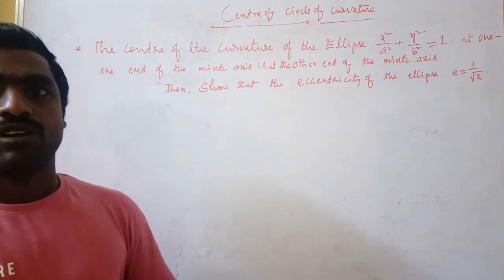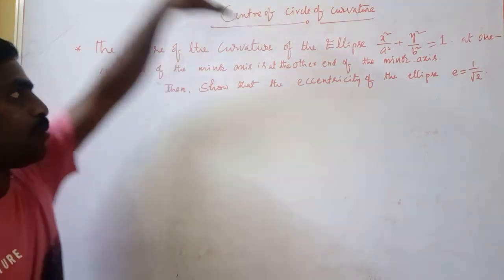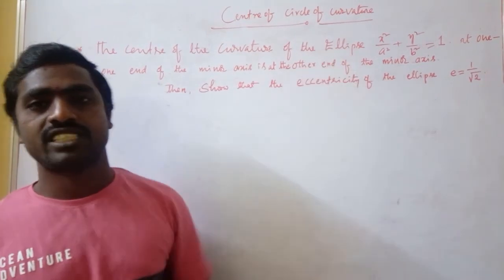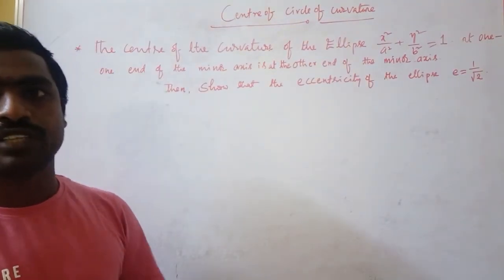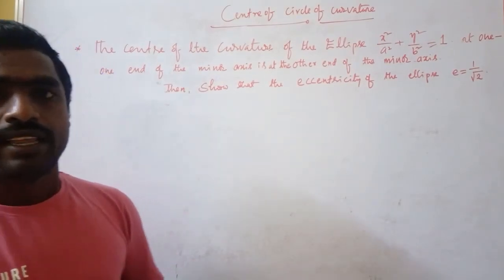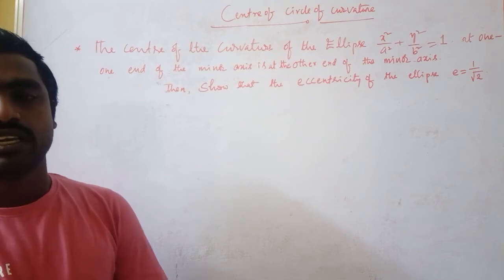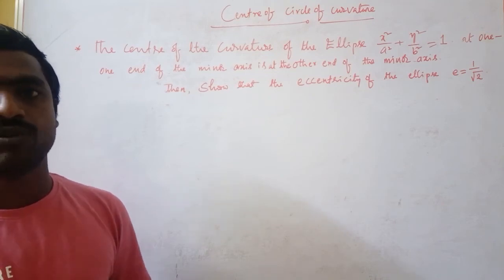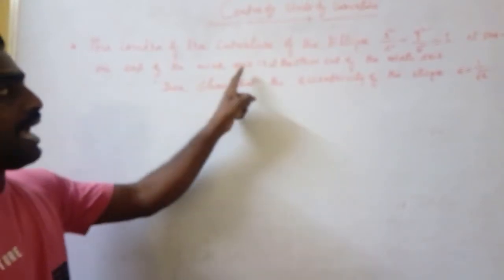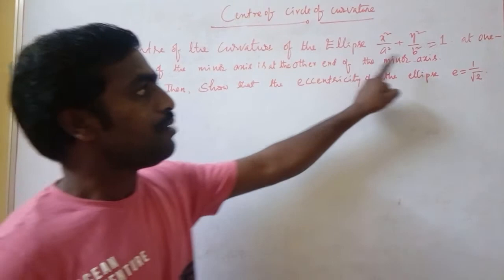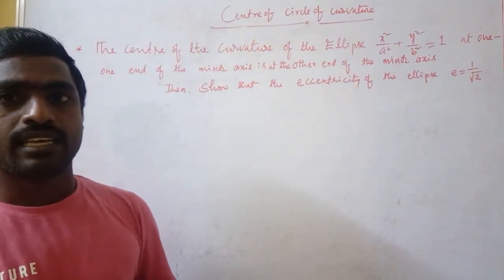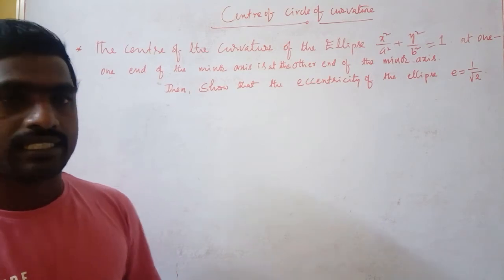Now, I would like to teach how to solve this problem. See here: the center of curvature of the ellipse x square by a square plus y square by b square equal to 1, at one end of the minor axis is at the other end of the minor axis.